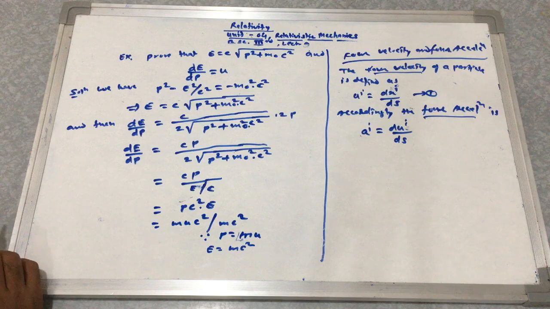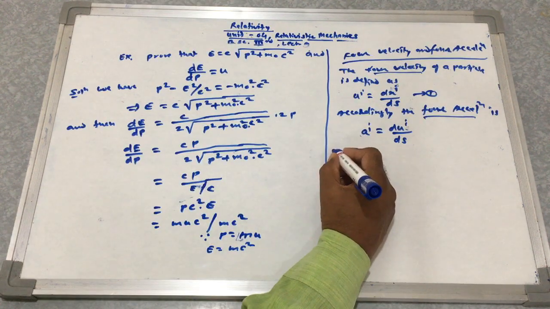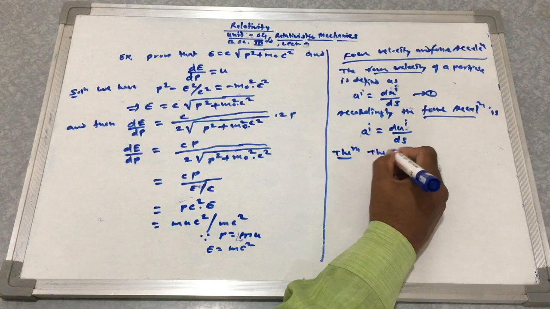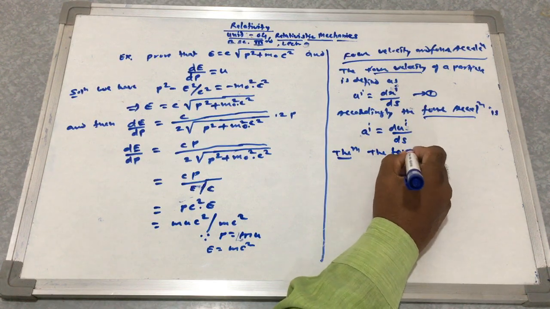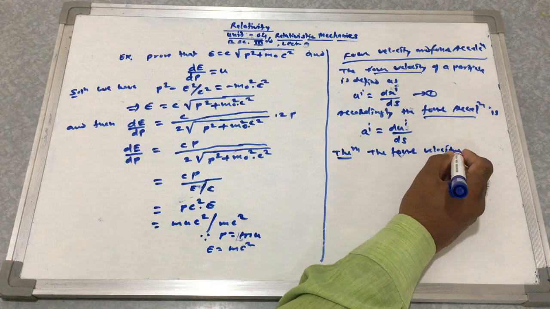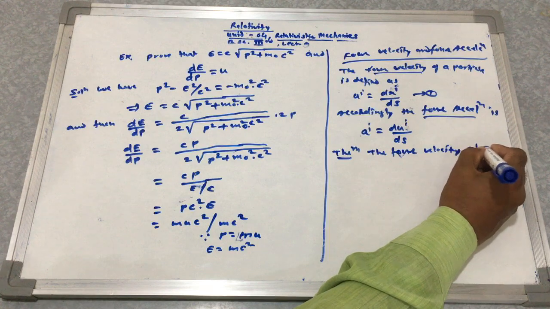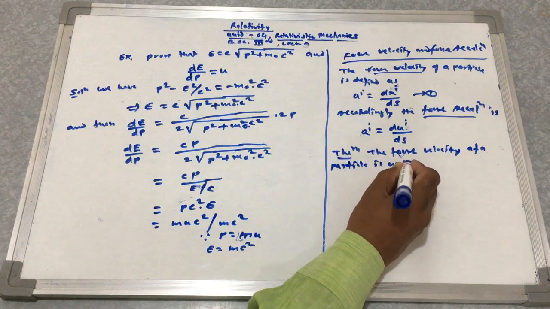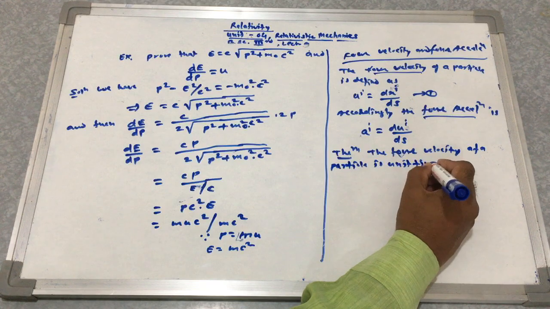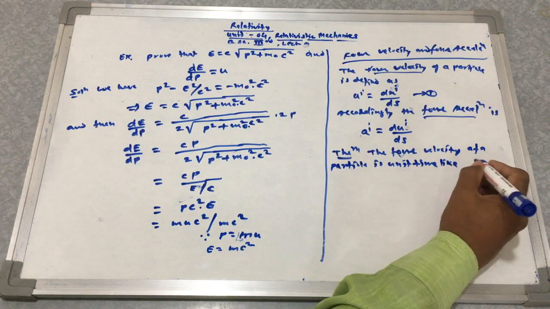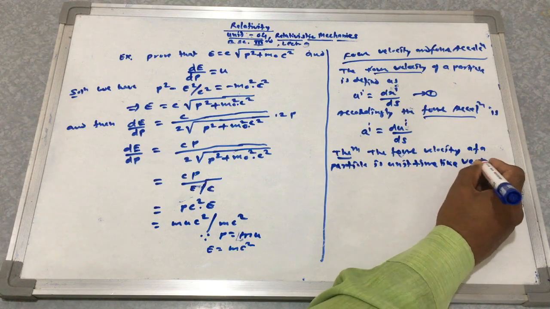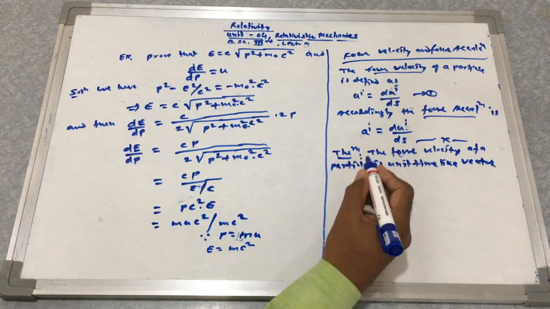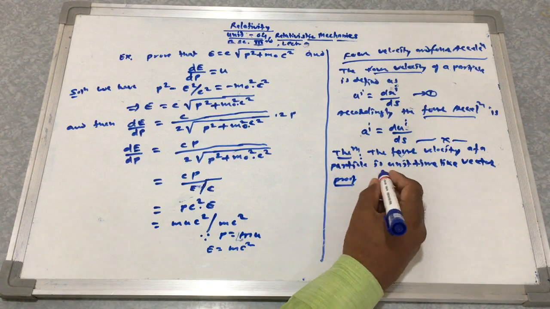Then the theorem: the four velocity of a particle is a unit time-like vector. So this is the proof.